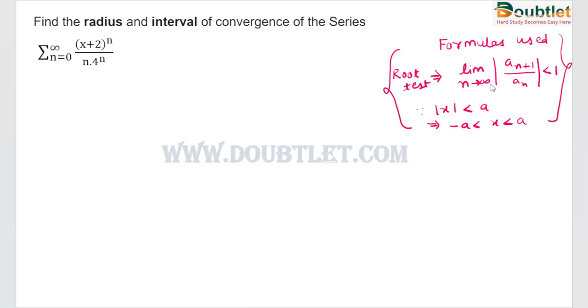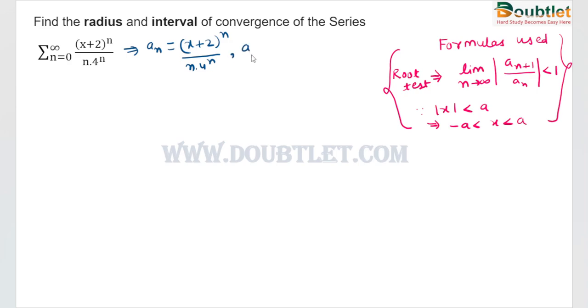The ratio test says: limit as n tends to infinity of a(n+1) divided by a(n) is less than 1, which gives mod x less than a, and then the interval is minus a to a. Here we write the series term as a n. So a n is (x plus 2) to the power n divided by n into 4 to the power n.